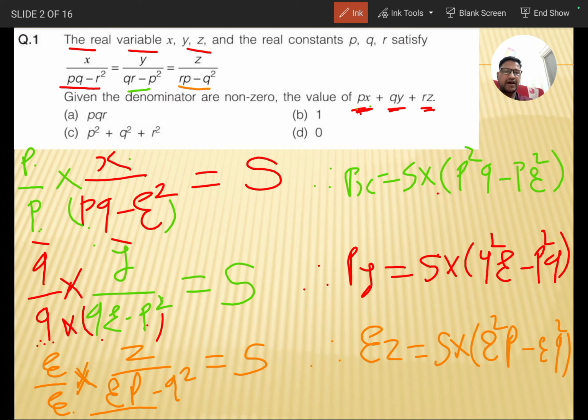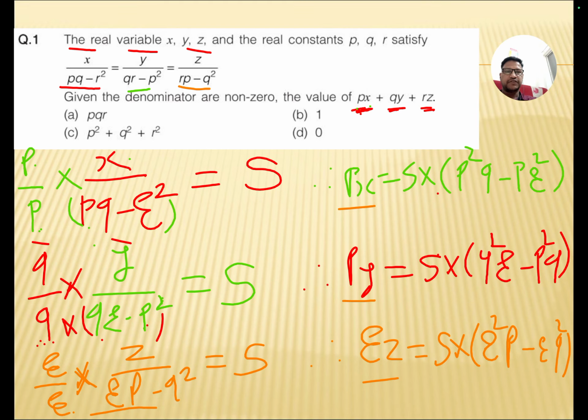So if I add px, qy and rz, then I will get one of these four options. What should I do? Just 1 minute.